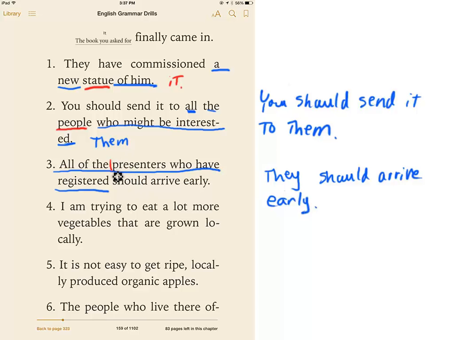And then all presenters. Oops, actually I might be wrong there. That's an object of the... but that's still the whole, we're not going to get into that yet.